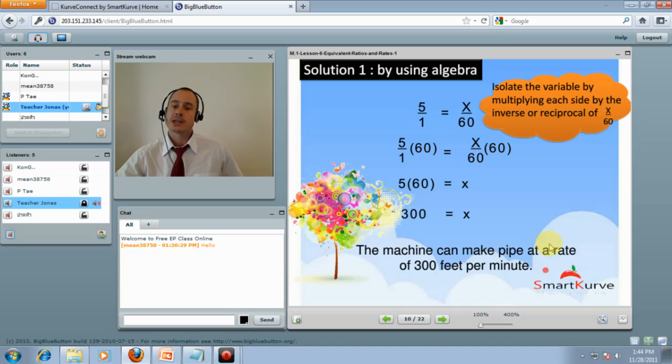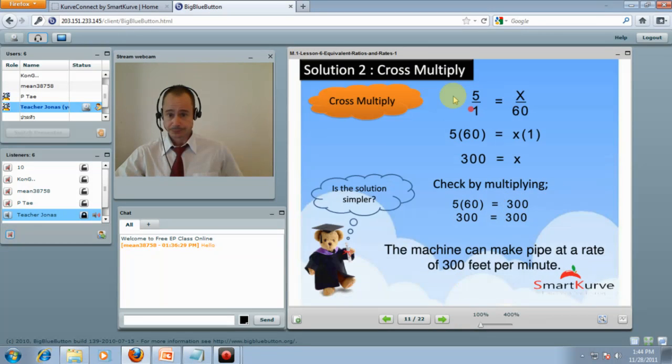But also we can use the cross product as before, and in this case it's exactly the same. So they have here solution 2, the cross multiply. You multiply with 60 there and with 1 there, and you get the same answer. 5 times 60 is 300.